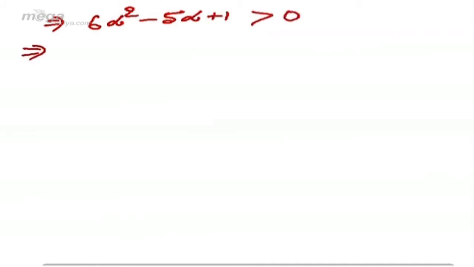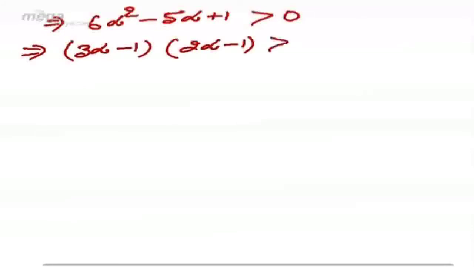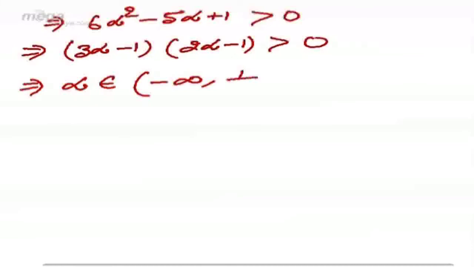And now we will factorize. So from here, you will get 3 alpha minus 1 into 2 alpha minus 1 is greater than 0. Hence alpha belongs to minus infinity to 1 by 3 union 1 by 2 to infinity.